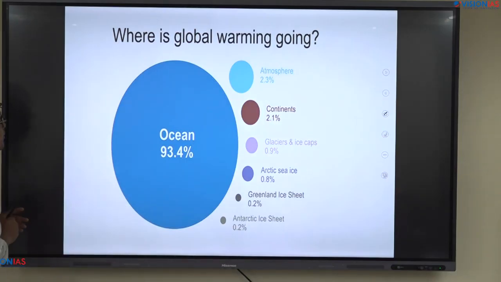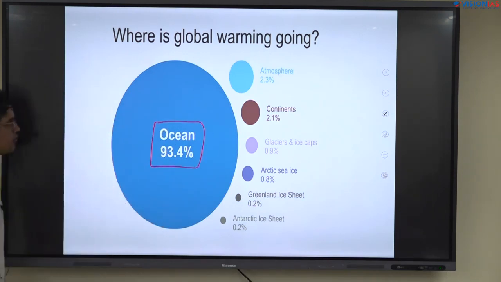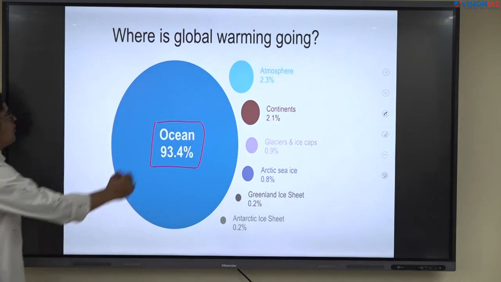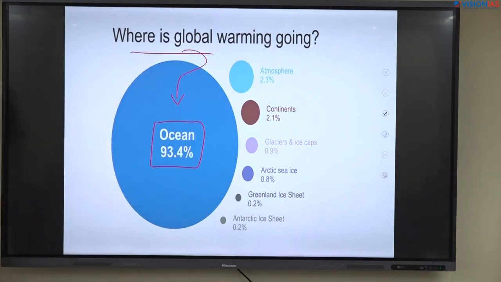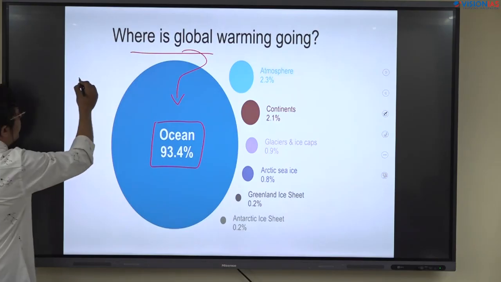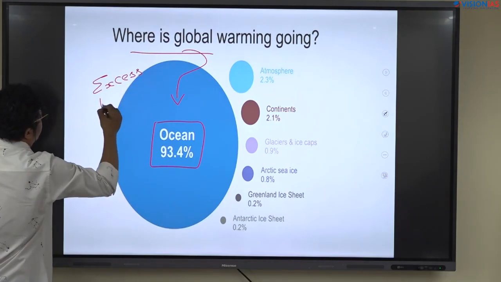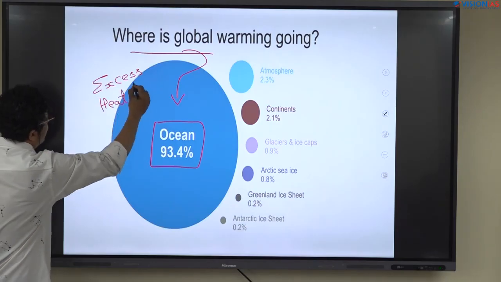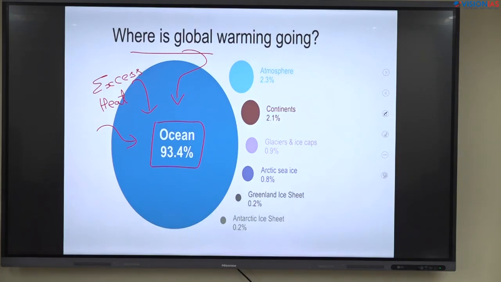So the very first impact we will discuss is ocean warming. Where is global warming going? It is going into the ocean. Excess heat is absorbed by the ocean. Whatever energy or heat the atmosphere is trapping, that heat is going into oceans.